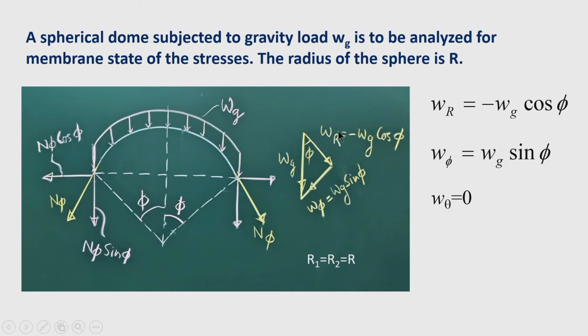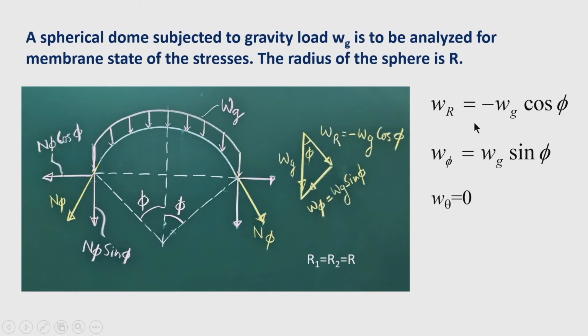The negative sign is taken because the normal direction outward to the surface of the shell is taken positive, so the load is towards the inward side. The component along the meridional direction is W phi equal to W g sin phi. So we write W r equal to minus W g cos phi and W phi equal to W g sin phi, to be used in our first equation shown in the integral form.